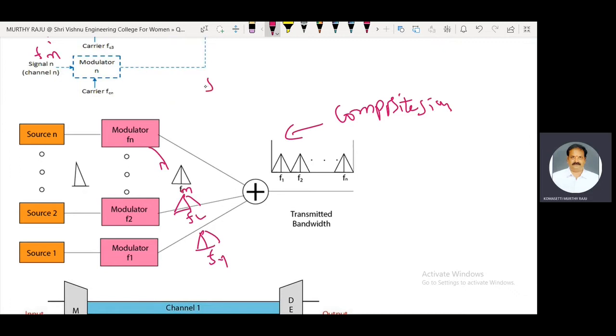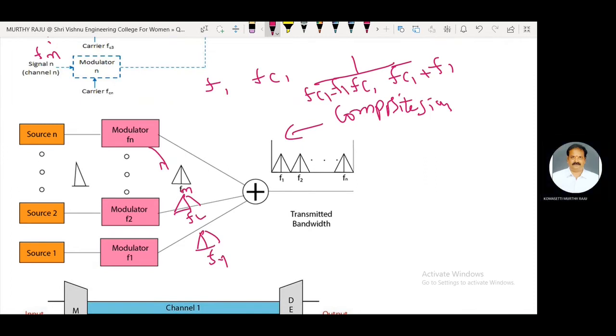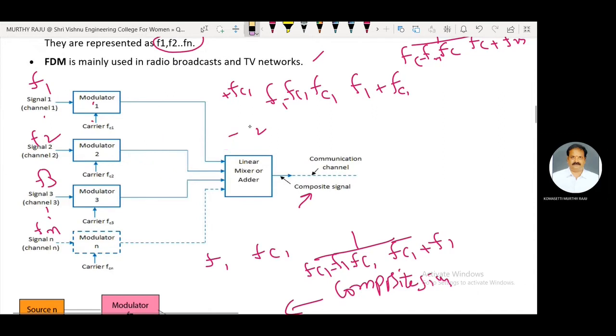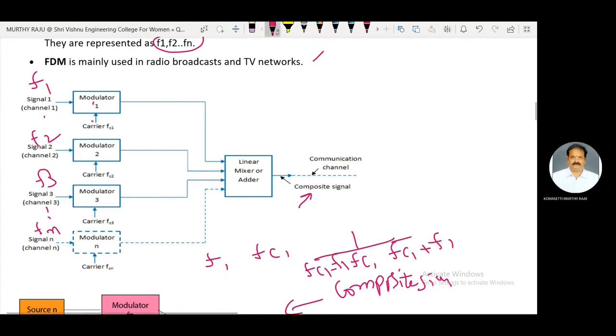Suppose the signal frequency is F1 and the carrier frequency is FC1.